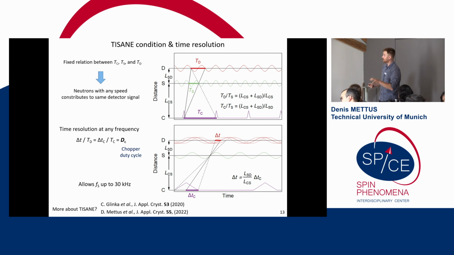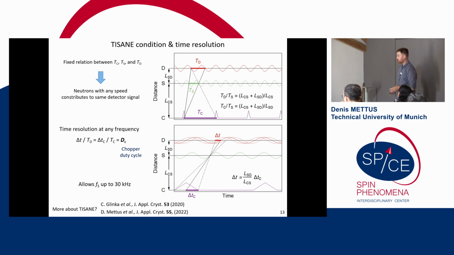The idea behind the design is to make a pulsed beam with such frequency relations that any neutron with any speed going to the sample and then the detector, when it hits the sample at a certain phase, always hits the detector at the same phase of the detector oscillation. This just comes from the geometry on this time-distance diagram.